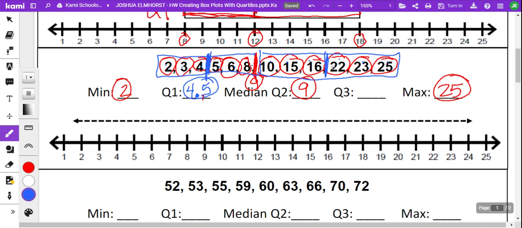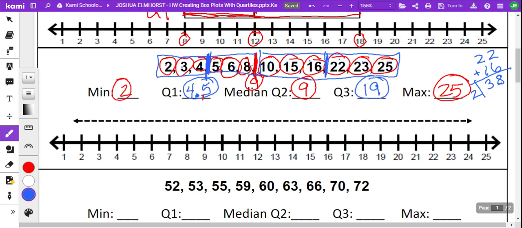Then we have 16 and 22. We're probably going to have to add that up and divide by 2 just to figure out what the middle is. So 22 and 16 is going to be 38. 38 divided by 2 is going to be 19.